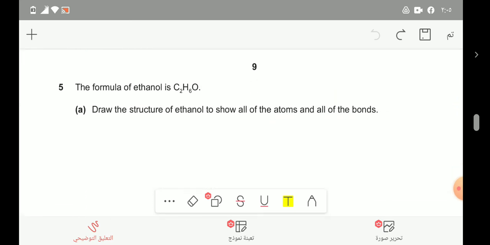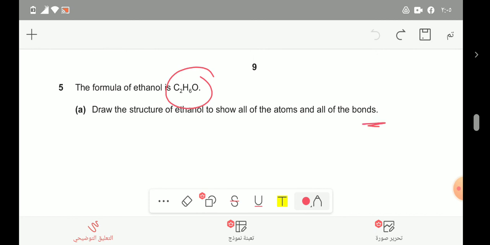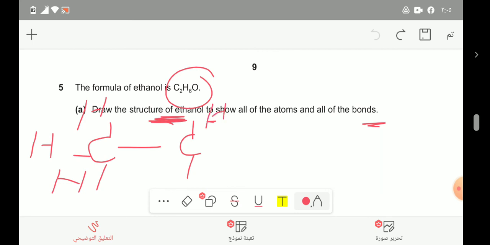We move now to organic chemistry. Draw the structure of ethanol to show all of the atoms and all of the bonds. Ethanol, we are now talking about alcohol. So CH3CH2OH.